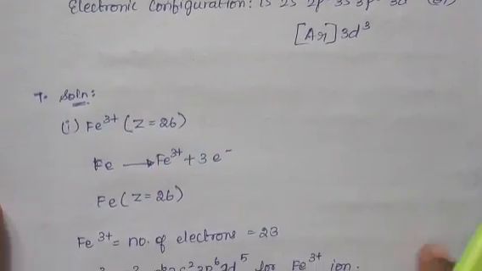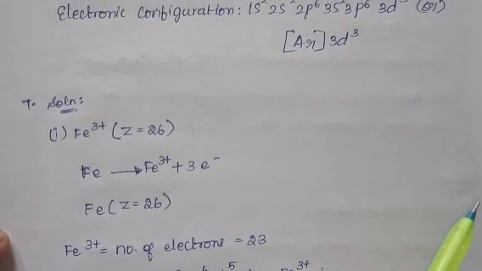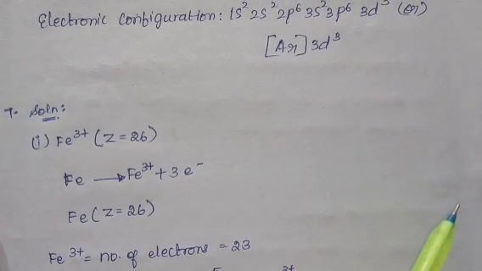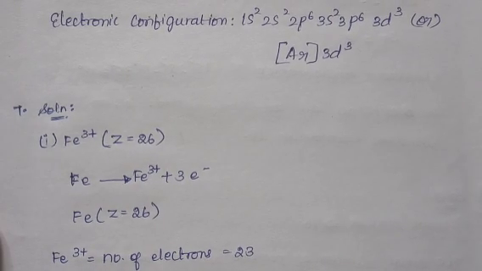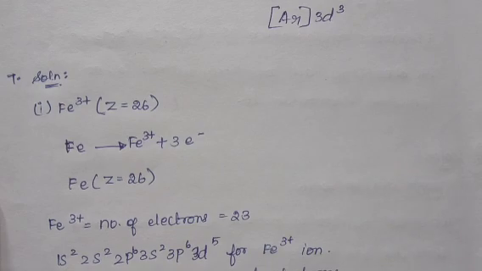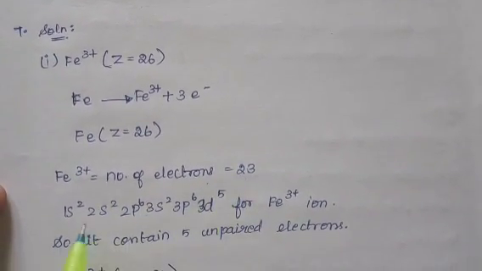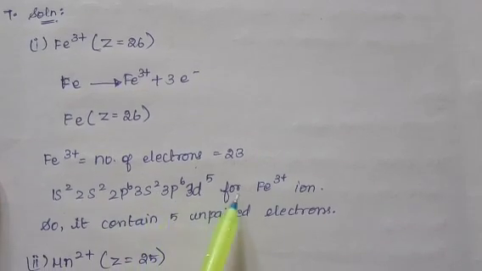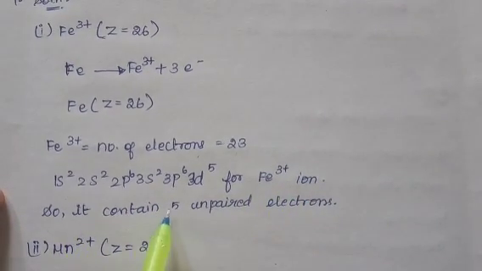So, Fe3+ is equal to number of electrons is equal to 23, 1s2, 2s2, 2p6. For Fe3+ ion, it contains 5 unpaired electrons.